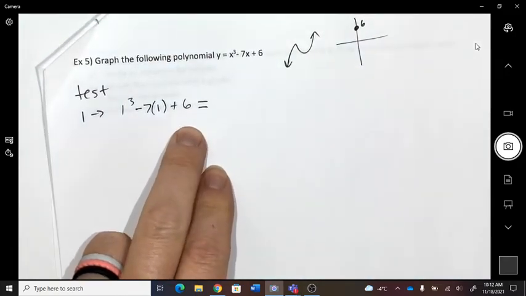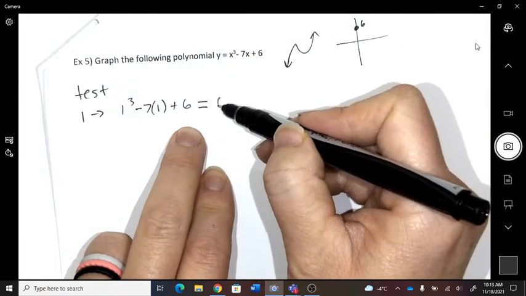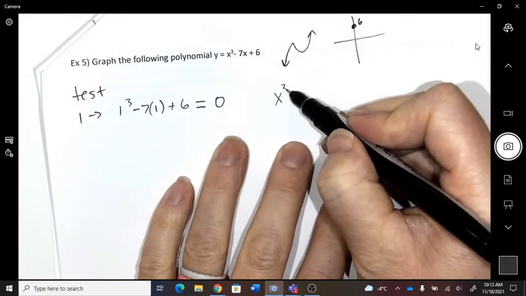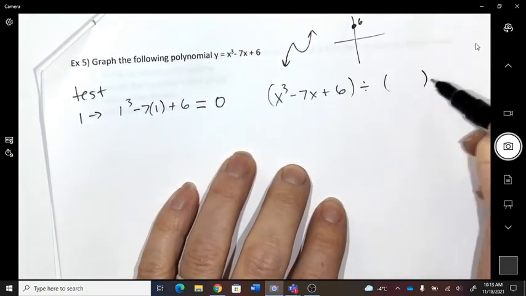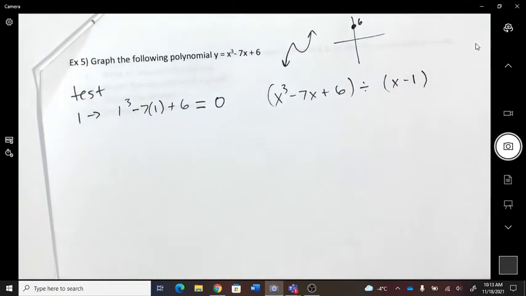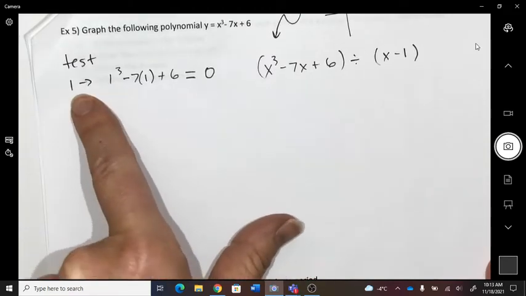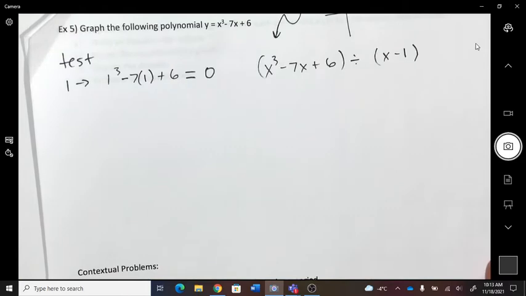What does that come out to be? Is that 0? It's 0, right? So I know that 1 is an x-intercept, so I know that's a factor. I'm going to do this division.